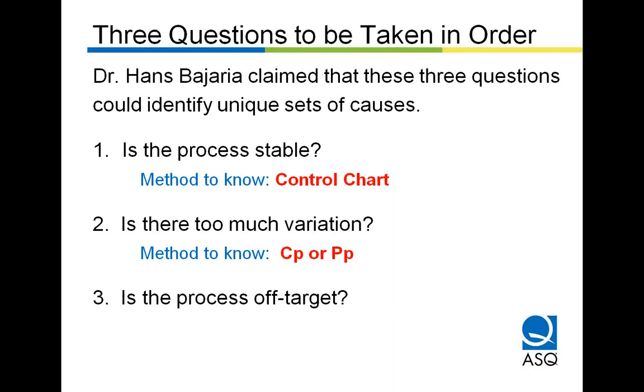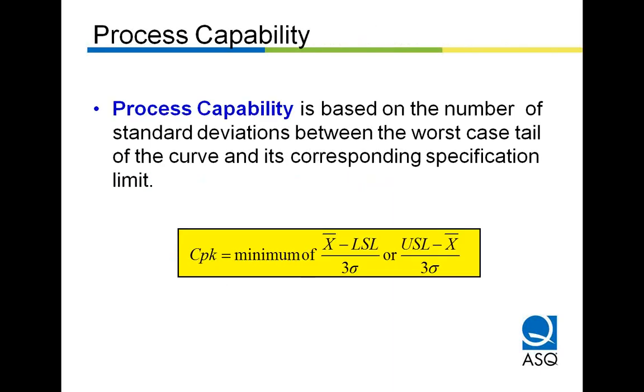Is the process off target? Well, process capability is going to do a different type of comparison. It's going to look at the worst case scenario. CPK is going to be the minimum of these two calculations, either the mean minus the lower spec limit or the upper spec limit minus the mean, divided by 3 standard deviations.